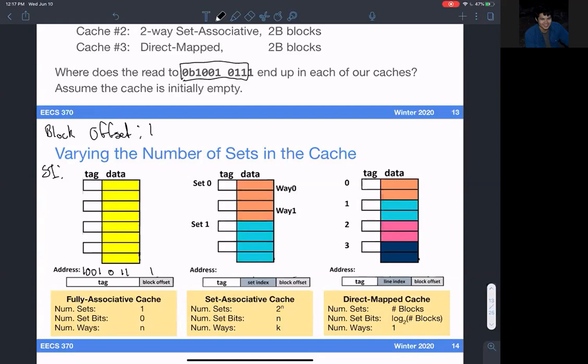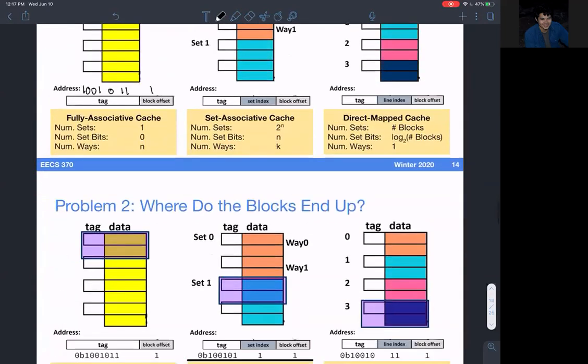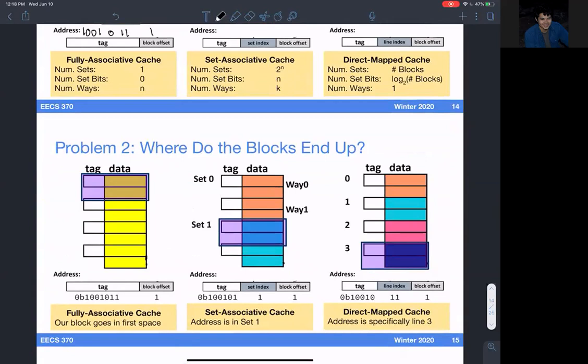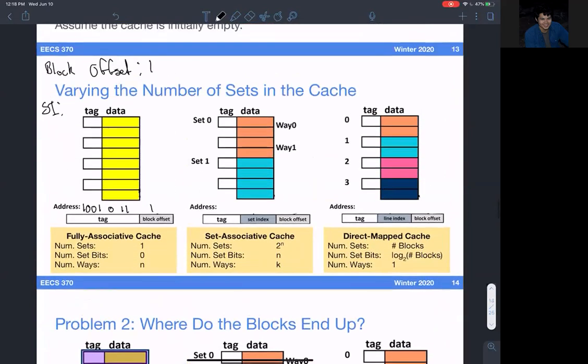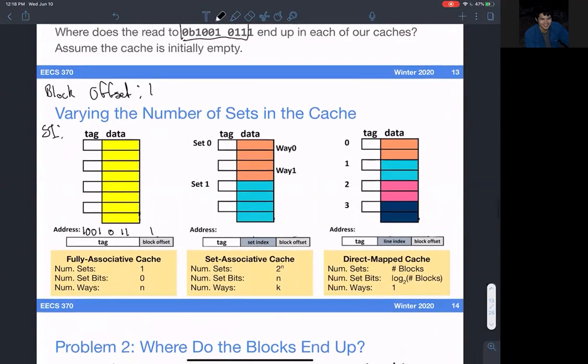Okay, give me a second. Yeah, so why is it stored in the first line? Oh, okay, yeah. The reason why it's stored in the first line is literally because it's the only object in our cache. That's my bad. Yeah, it's arbitrary.